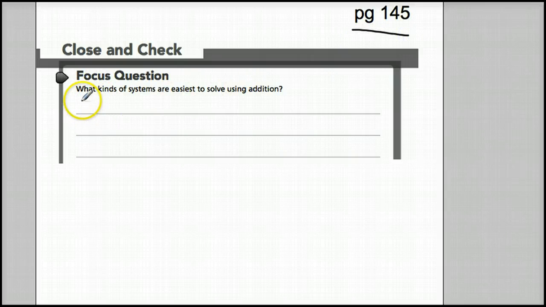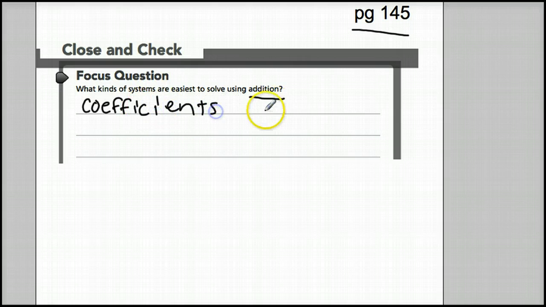It says, what kinds of systems are easy to solve using addition? And what we want to make sure you know is that it's easiest to solve using addition when your coefficients are opposites. Be thinking, what's a coefficient?